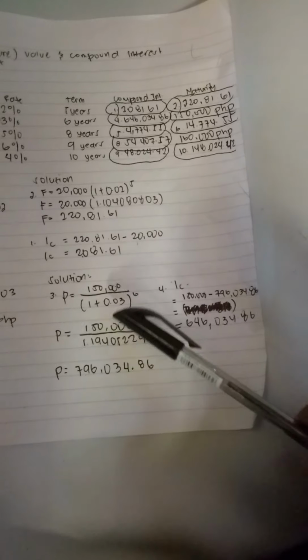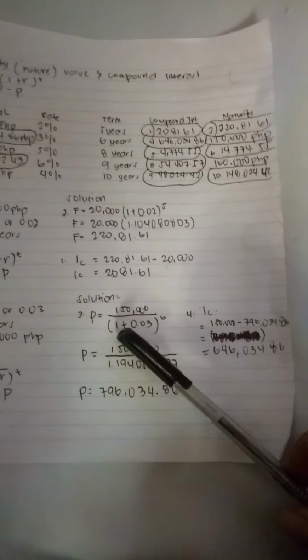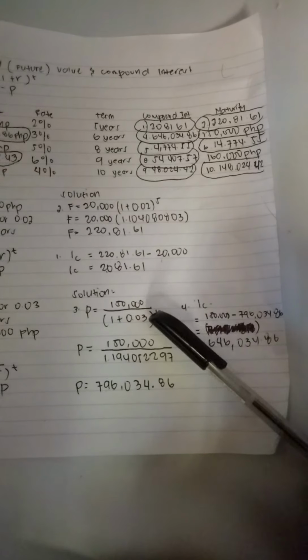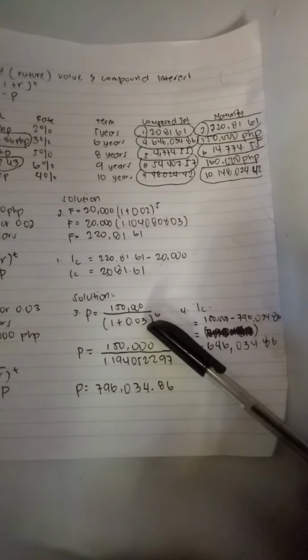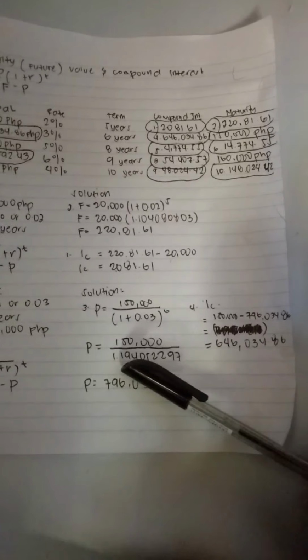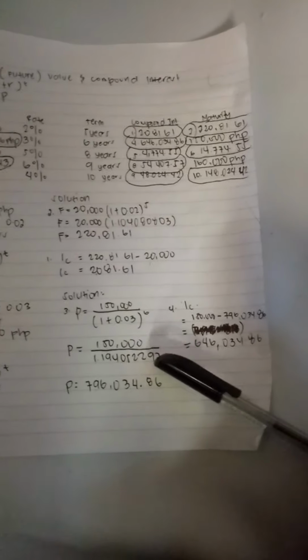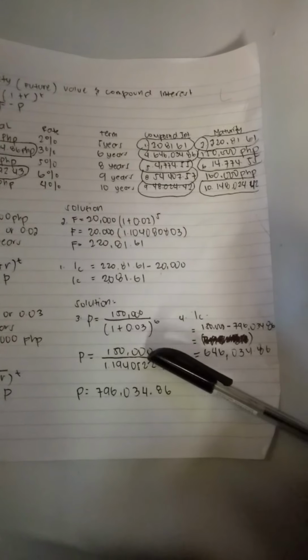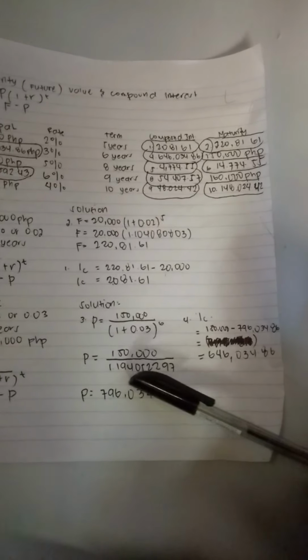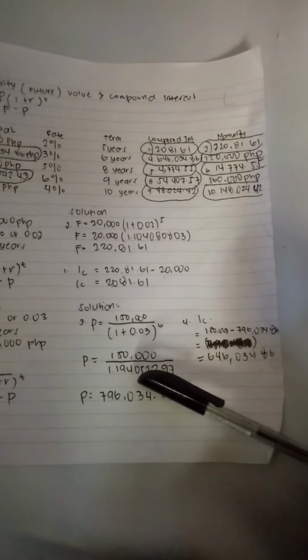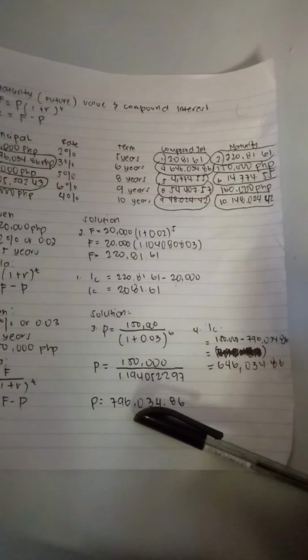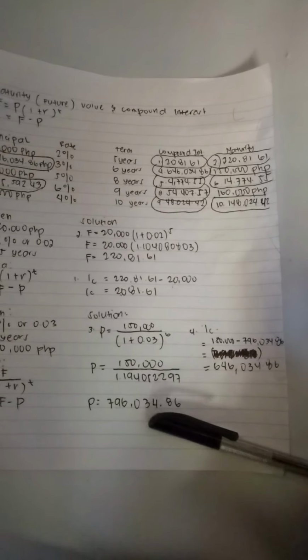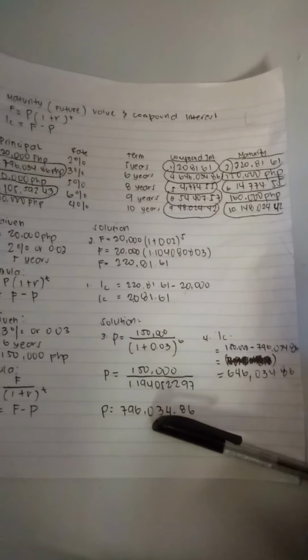Bring down lang po yung 150,000, then solve 1 plus 0.03 over 6. Bali, ito na po yung magiging sagot nya is 1.194052297. 150,000 divided by 1.194052297 is equals to 125,620.34. Bali, ito po yung ating magiging principal.